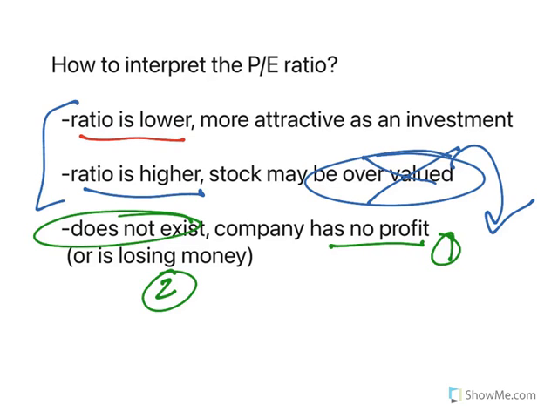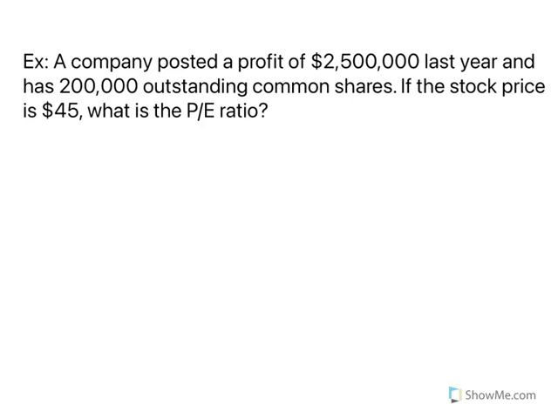Let's do an example. A company posted a profit of $2,500,000 last year and has 200,000 outstanding common shares. If the stock price is $45, what is the price to earnings ratio? Okay, now remember, price to earnings ratio is stock price over the earnings per share.